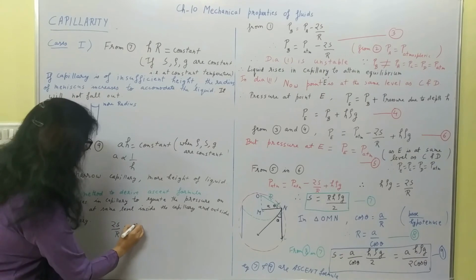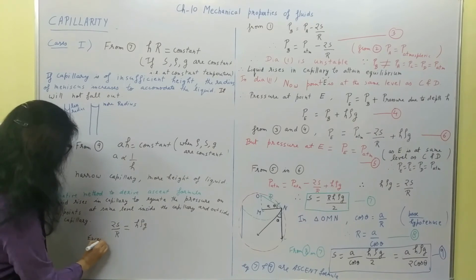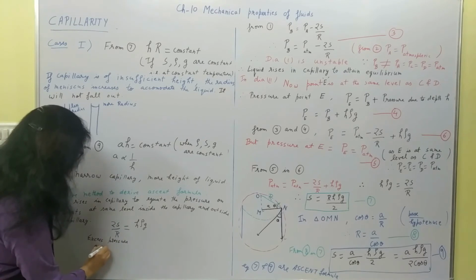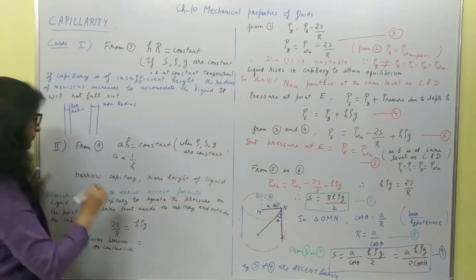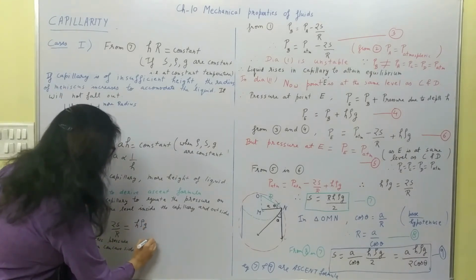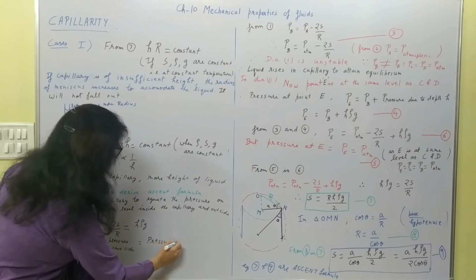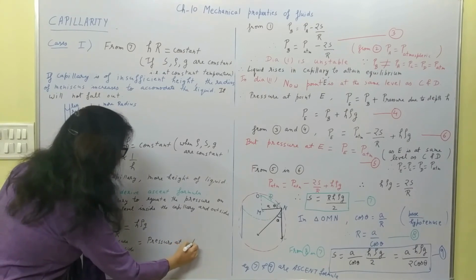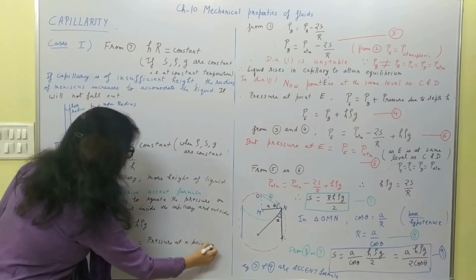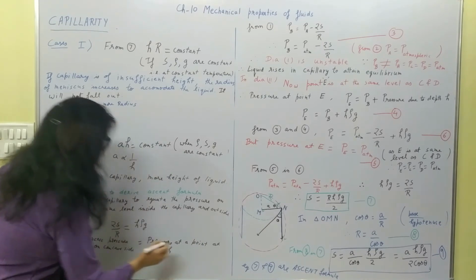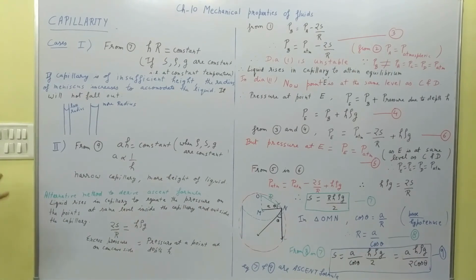So this excess pressure on concave side is equal to H rho G. So here I can write excess pressure on concave side is equal to pressure at a point at depth H. So this was all about the rise of liquid in a capillary.